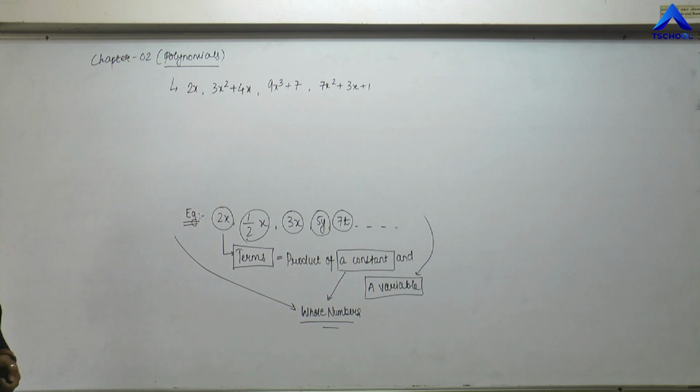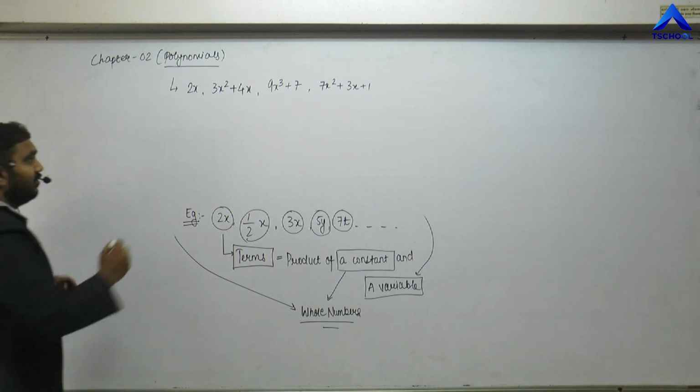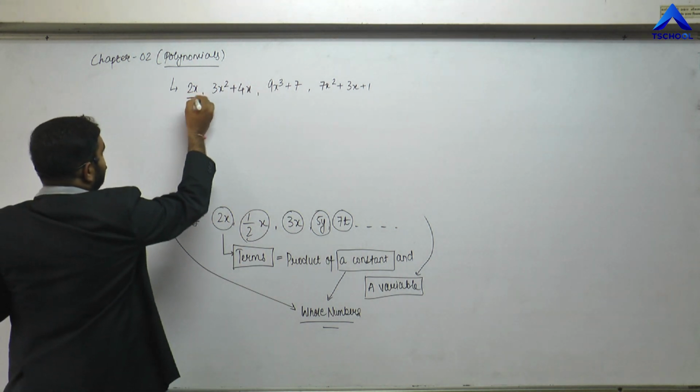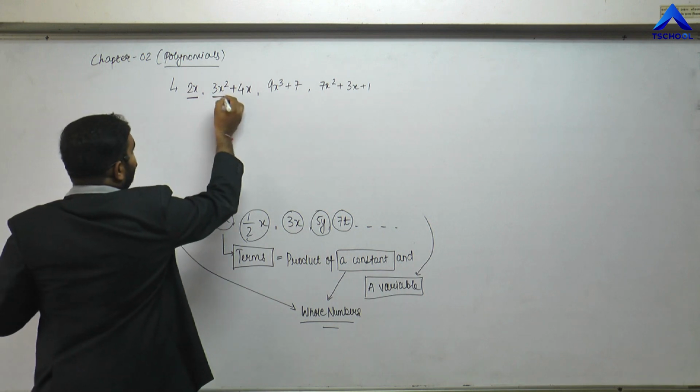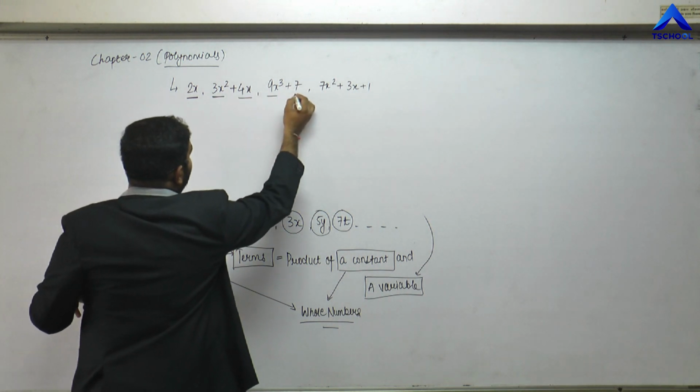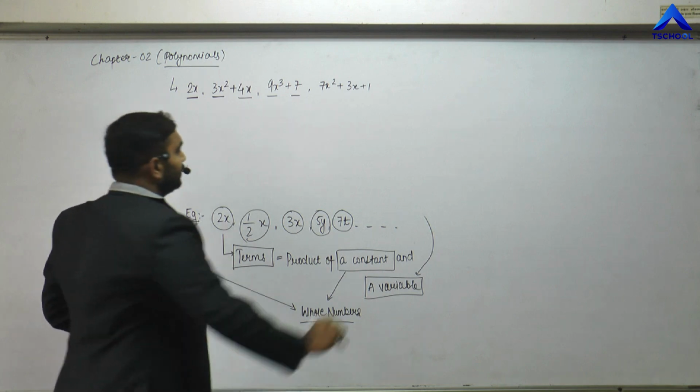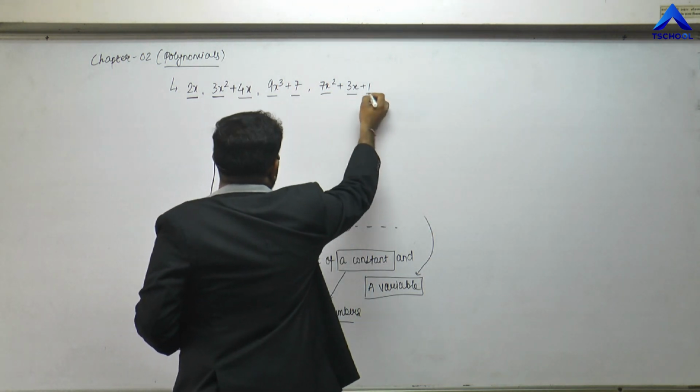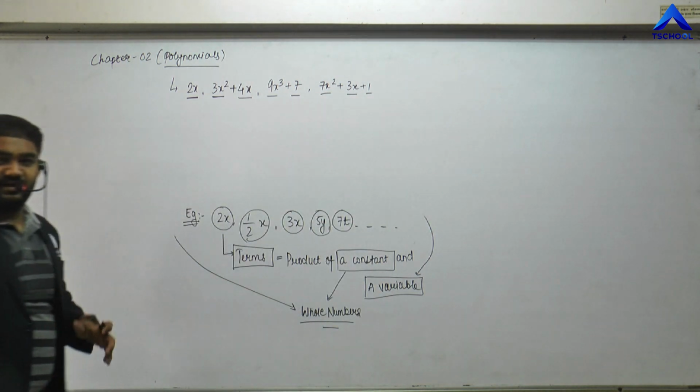You can call these terms. This 2x is a term, 3x square is a term, 4x is a term, 9x cube is a term, 7 is a term, 7x square, 3x plus 1, these all are individual terms.